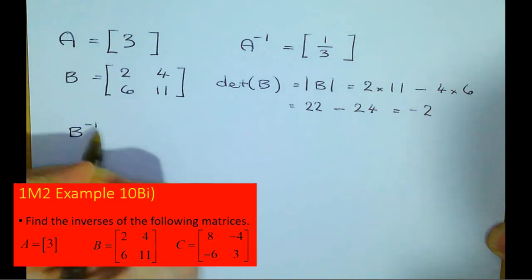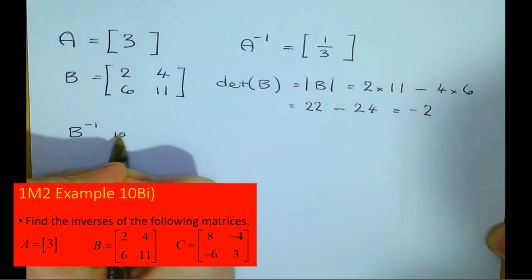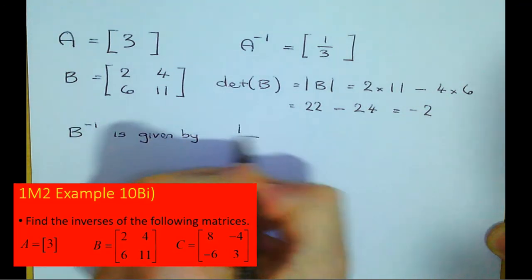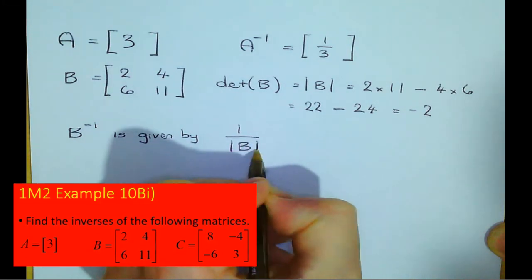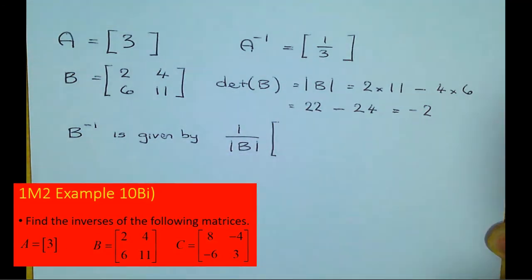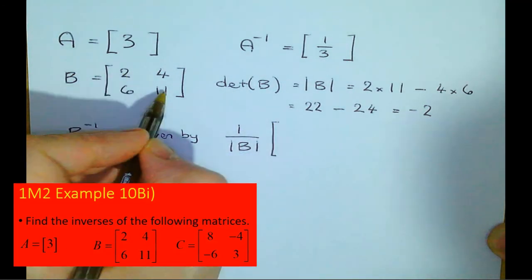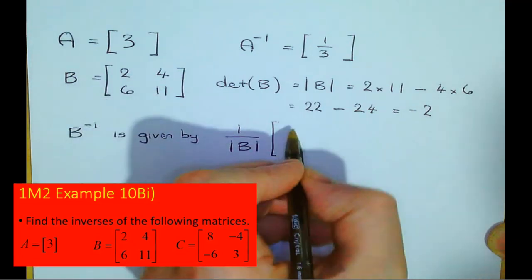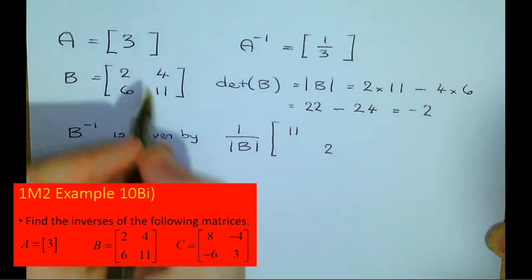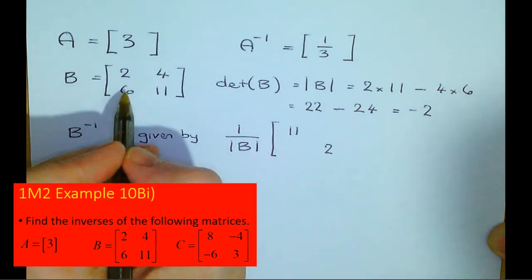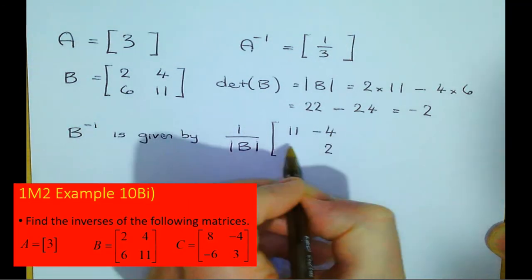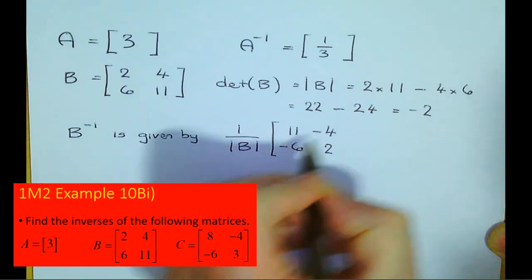So B inverse, that'll be given by 1 over the determinant of B multiplied by, well, we swap the entries on the diagonal, so 11 here, 2 here. We take the negatives of the two remaining entries, so we'll have -4, -6.